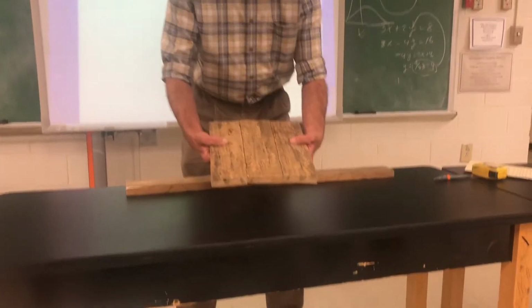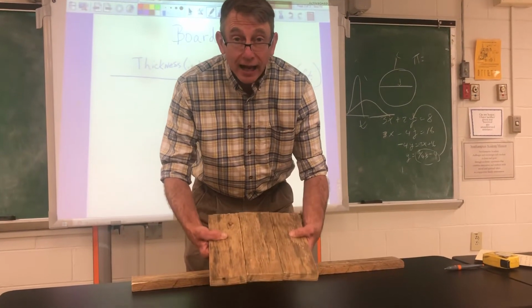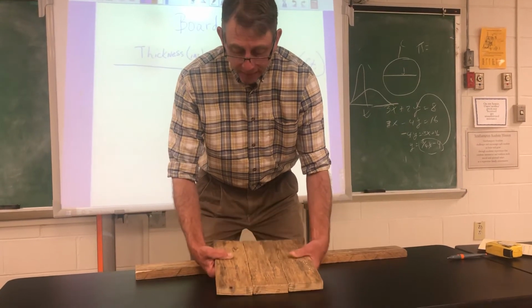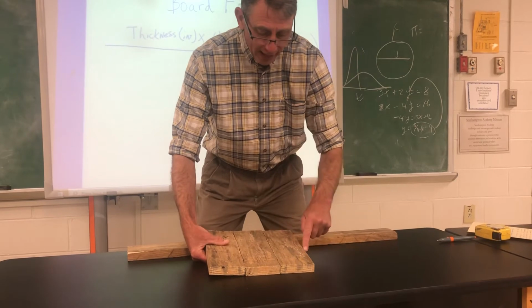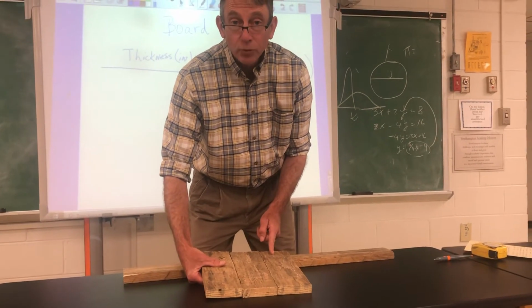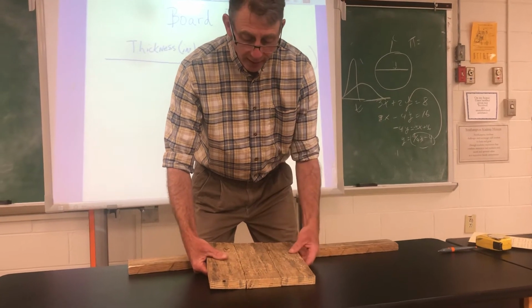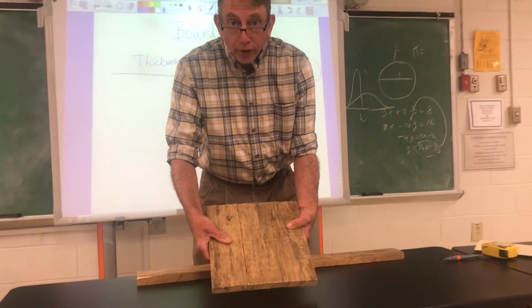If the 3 pieces were actually put together as one piece, I would have exactly 1 board foot. It would be 1 inch thick, 12 inches wide, and 1 foot long divided by 12, okay? All right, so that's what you're looking at right there is a single board foot.